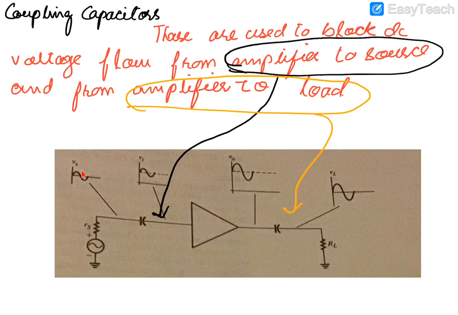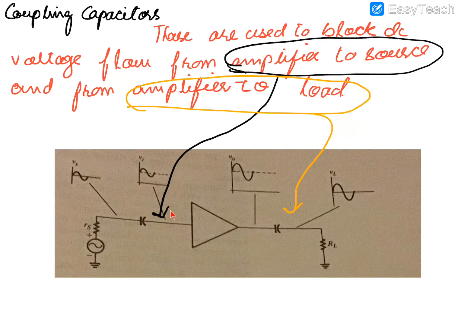As you can see, when Vs passes through this capacitor, due to this amplifier the DC level is added. After amplification, this is the output, and after the DC blockage by this capacitor, the output is at 0 level, but it is the amplified version of the input signal.